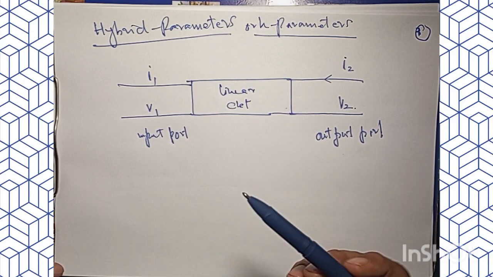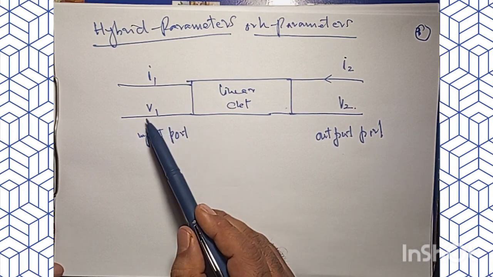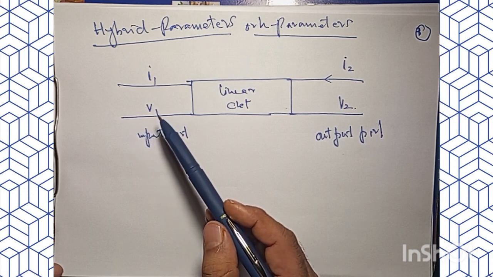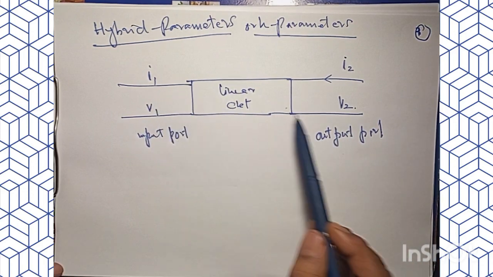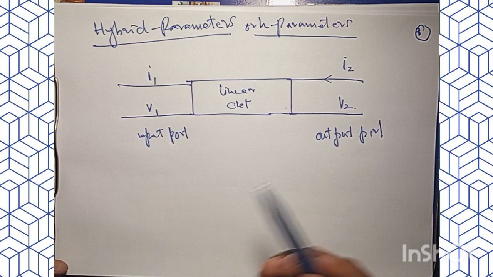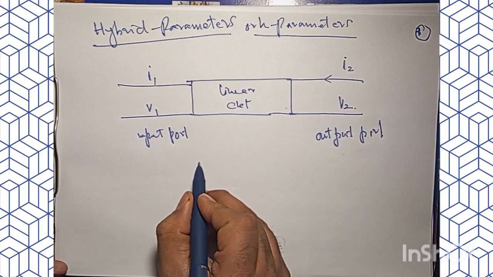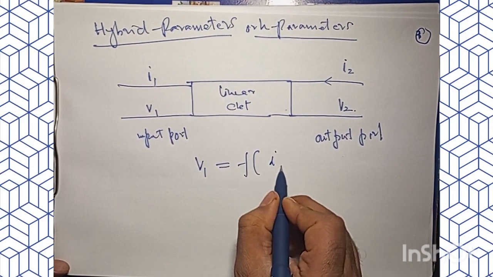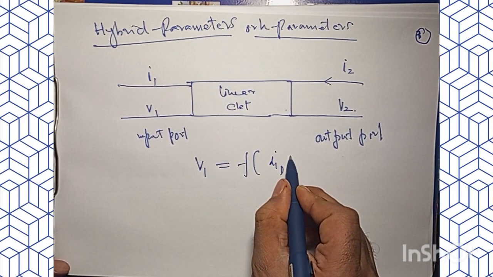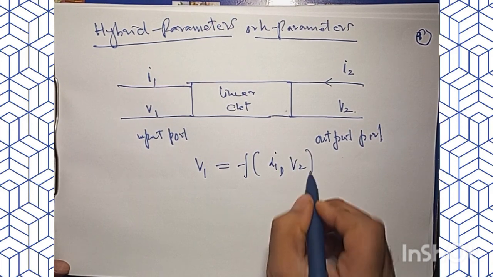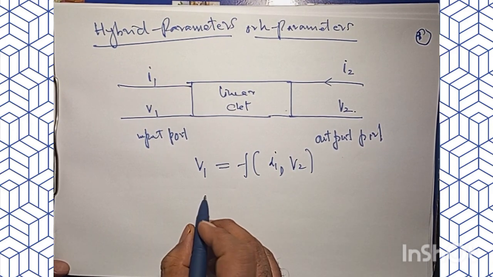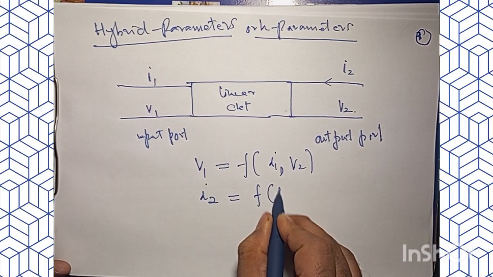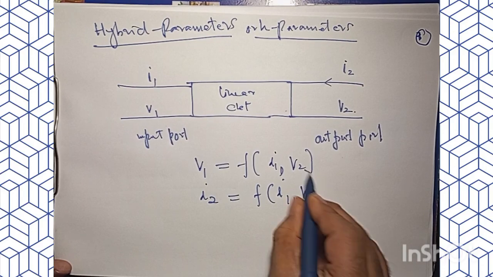That's what I will say: V1 is a function of I1 and V2. So if I have to write it in mathematical form, I will write V1 is a function of I1 and V2, and similarly I will write I2 as a function of I1 and V2.